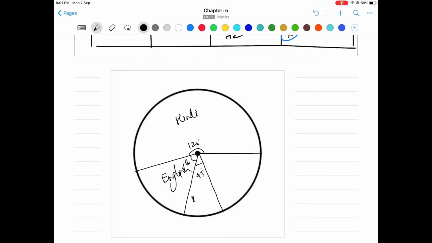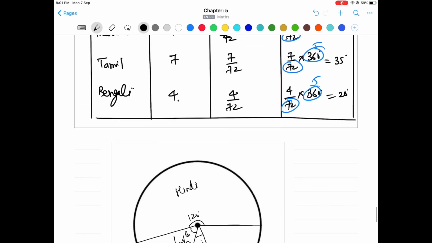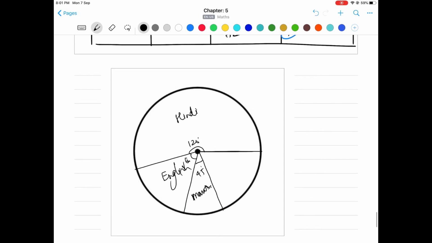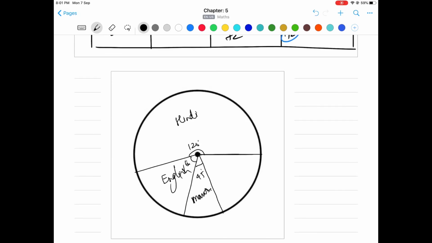Then we have the remaining two, 35 and 20. Those will be here. This is for Tamil and this is for Bengali.